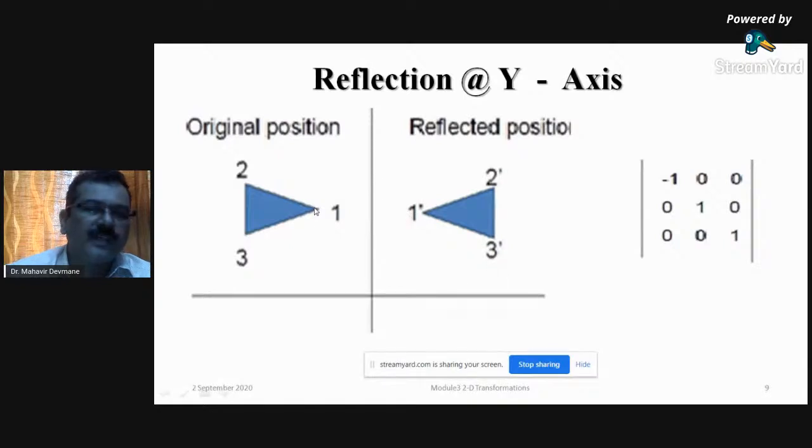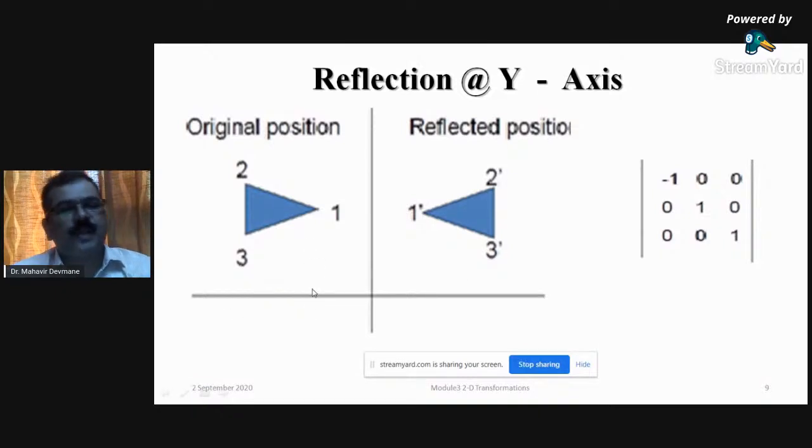So here the y value remains same, correct? The y values remain same. However, x values are changed. See here for this vertex 1, if the x value is minus 30, right? Because it is at the left hand side of the origin, so it will be minus, right?